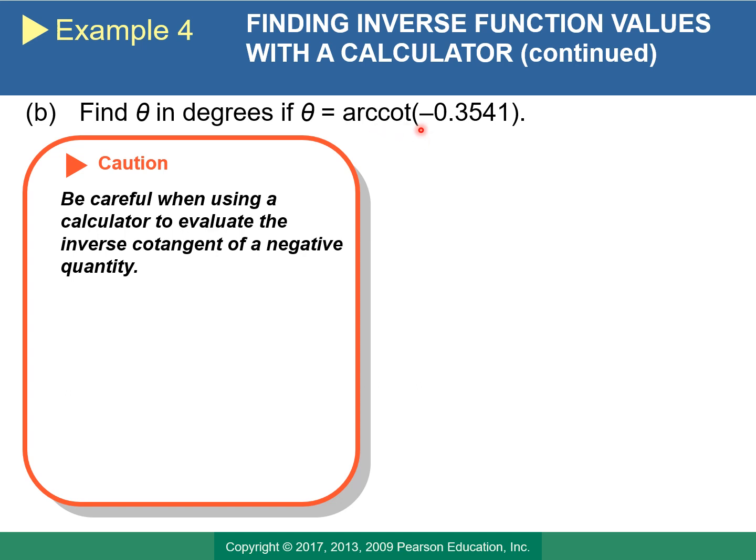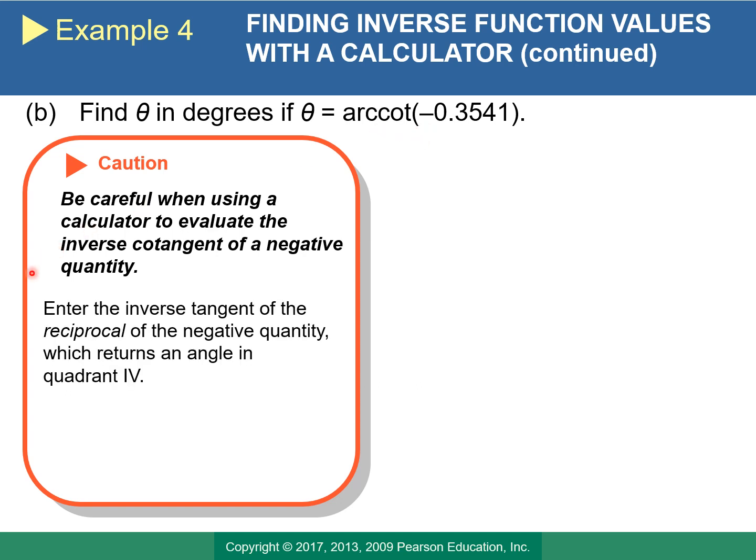So we're going to use our inverse tangent button because most calculators don't have an inverse cotangent button. So inverse tangent of the reciprocal, because cotangent is the reciprocal of tangent, of the negative quantity.